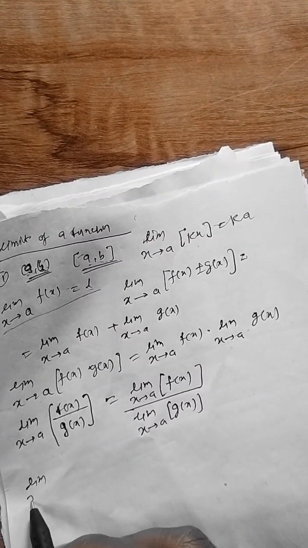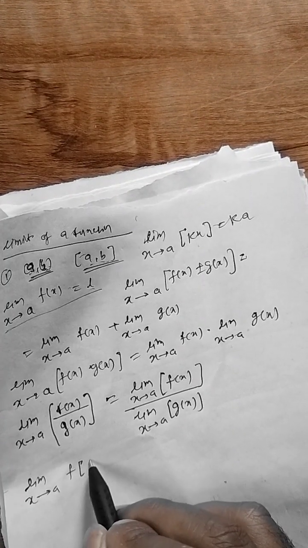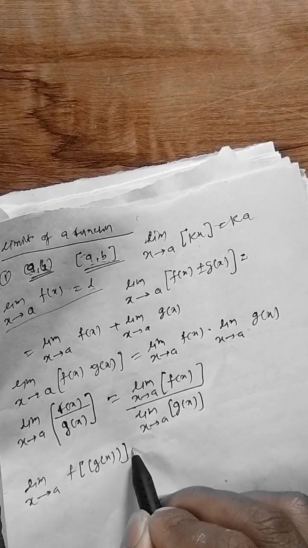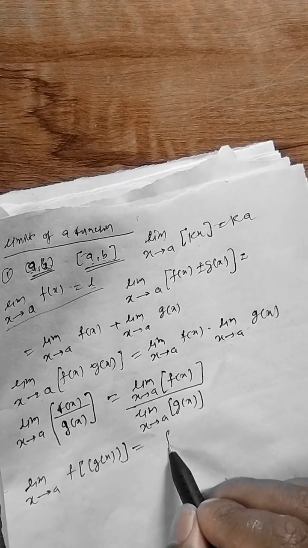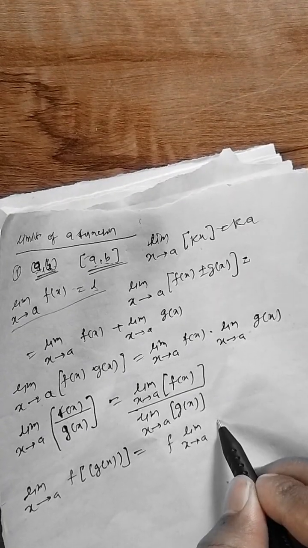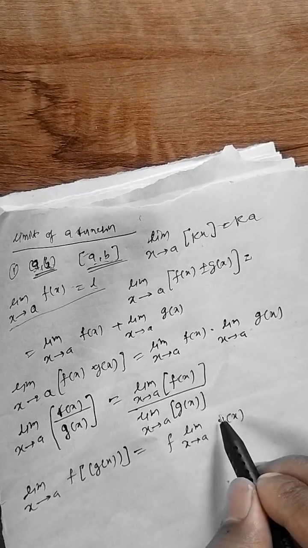Limit x tends to a, f of g of x is equal to the function of limit x tends to a, g of x.